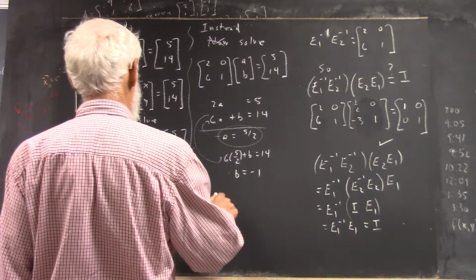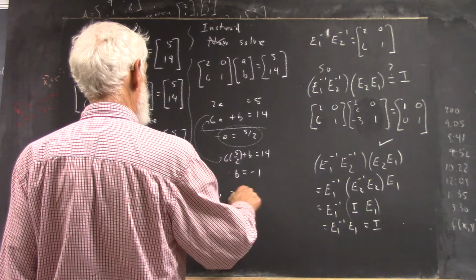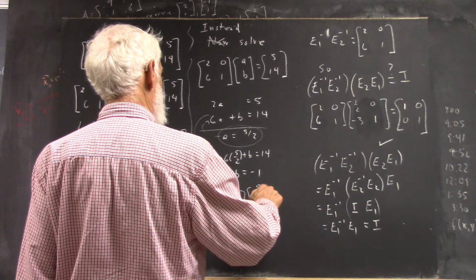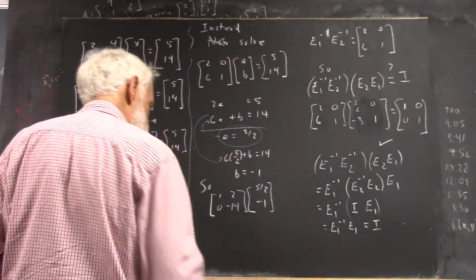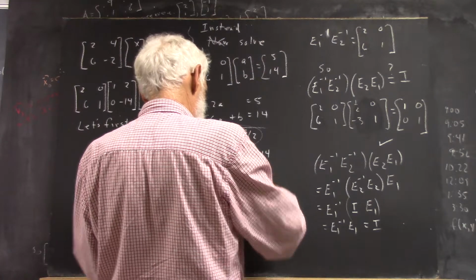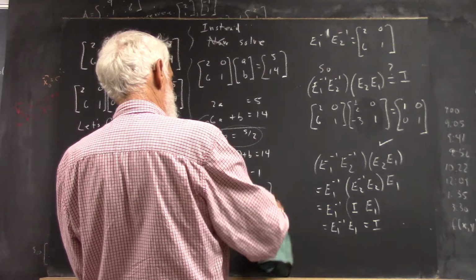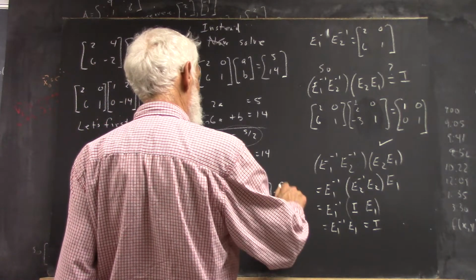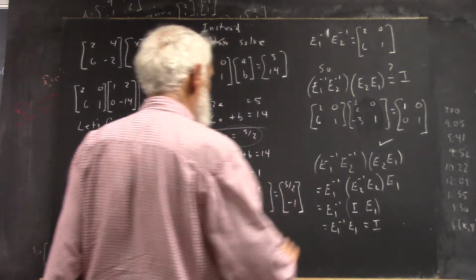So I'm going to say, the matrix 1, 2, 0, negative 14 multiplied by xy equals 5 halves, negative 1.